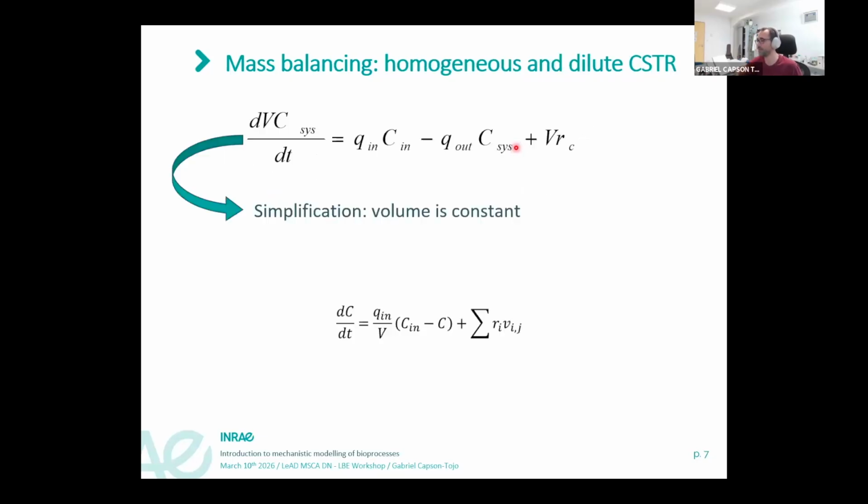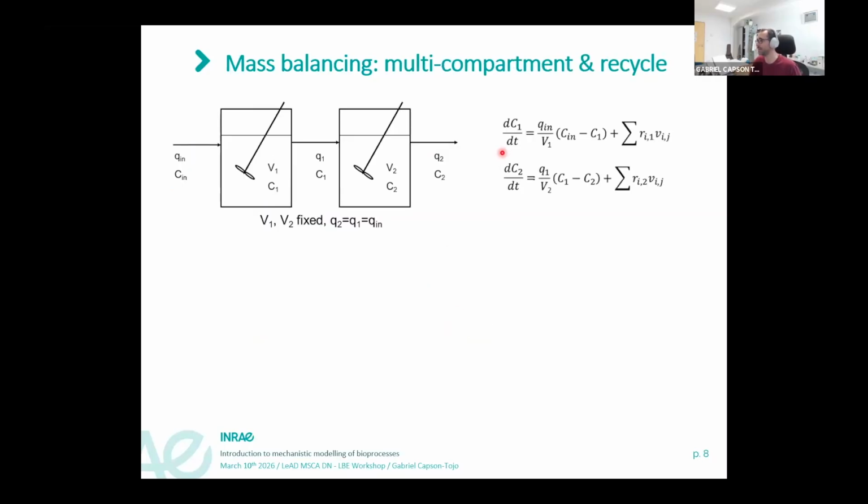And if we go back to this equation here, the intensive equation form, what we're going to have basically is Q in divided by V1 multiplied by the difference in concentrations between influent and effluent, plus all the reaction terms that we're going to have in reactor 1, which is what this subindex means.